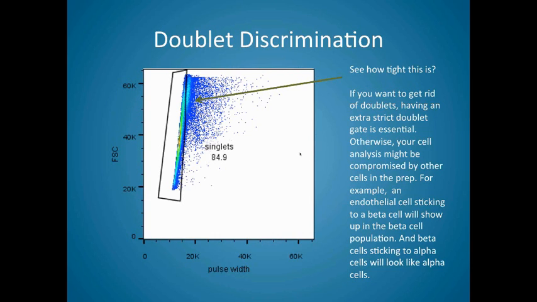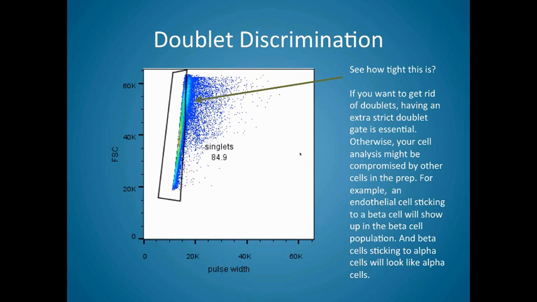If you don't need such a pure sort, if you're just going for enrichment, then it's not quite as vital. But you're likely to get other endocrine cells sticking to beta cells, for example, and anything sticking to an alpha cell will look like an alpha cell. So that's just an important feature.